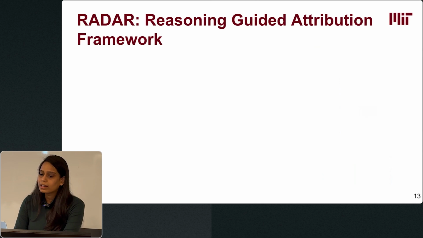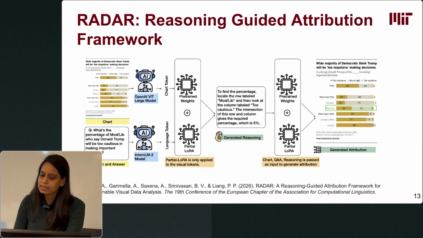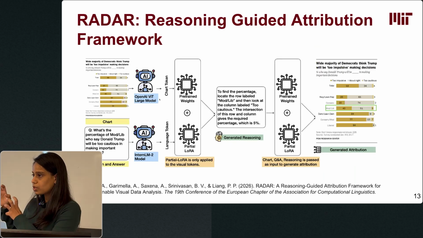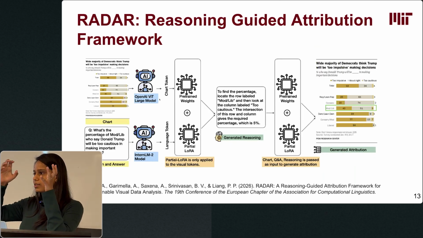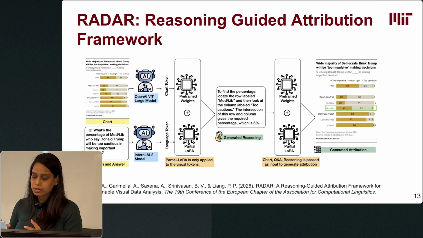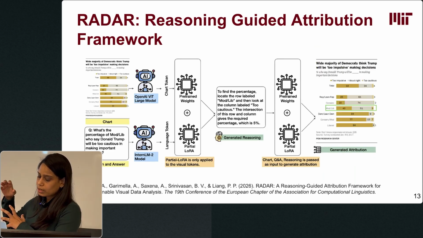So we introduced RADAR, a reasoning guided attribution framework, which is given a chart and question answer pair. We pass the chart through the OpenAI ViT-Large model that gives us the chart tokens, and the question answer pair is passed through a language model, which gives us language tokens.